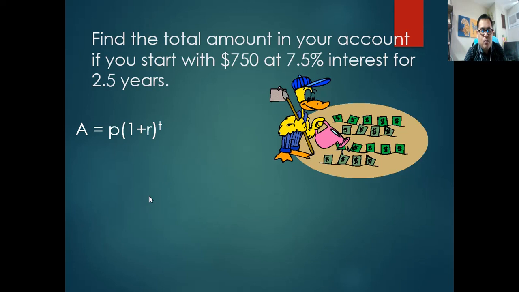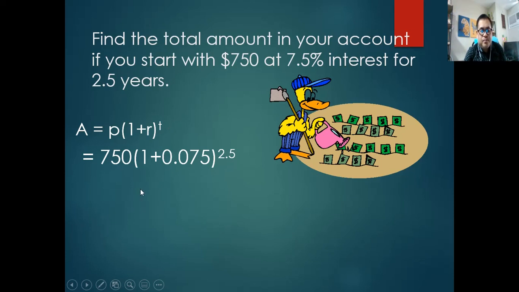A is equal to P times 1 plus R raised to T. Then let's plug in the given. In this problem, we're going to find the total amount. So principal is $750 times 1 is constant plus, of course, 7.5% in decimal is equal to 0.075, raised to 2.5 years.